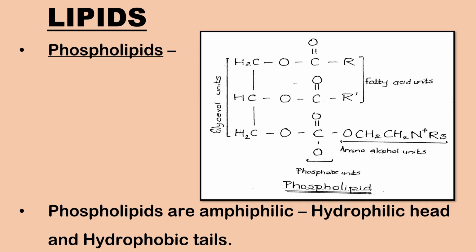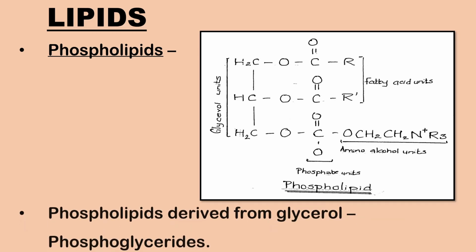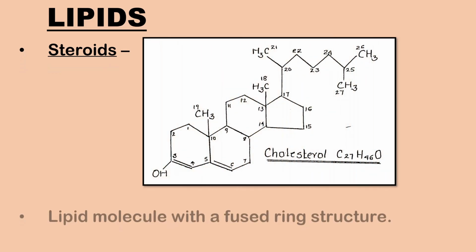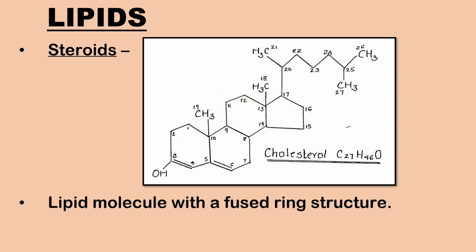It has a hydrophilic head with a phosphate group and 2 hydrophobic tails obtained from fatty acids joined by an alcohol residue. The phospholipids derived from glycerol are called phosphoglycerides.